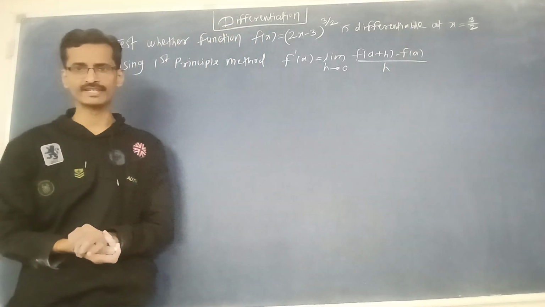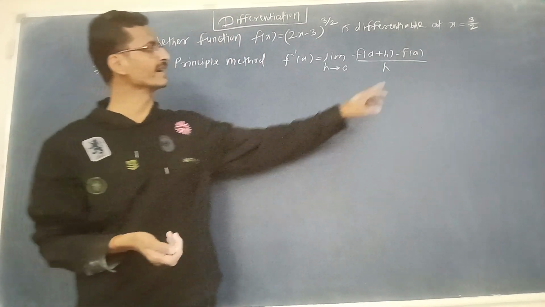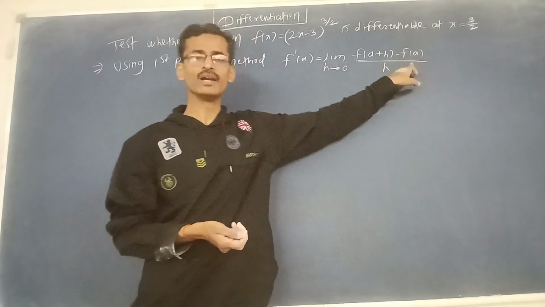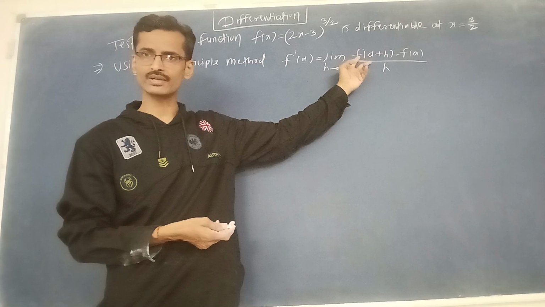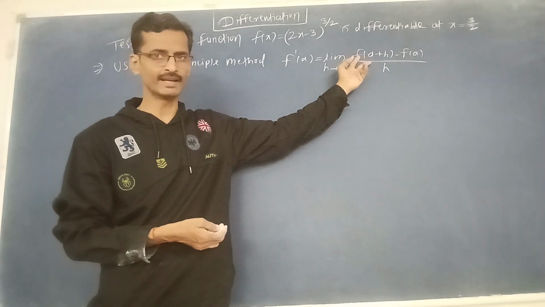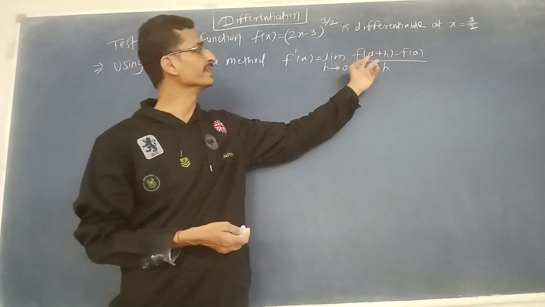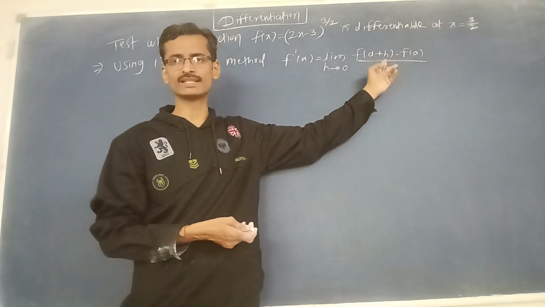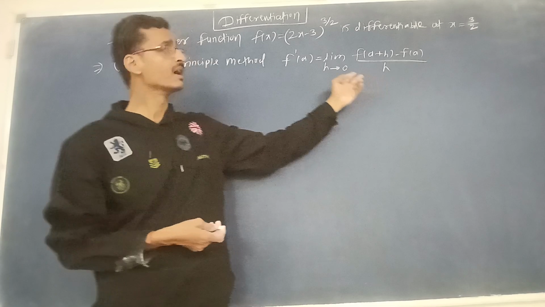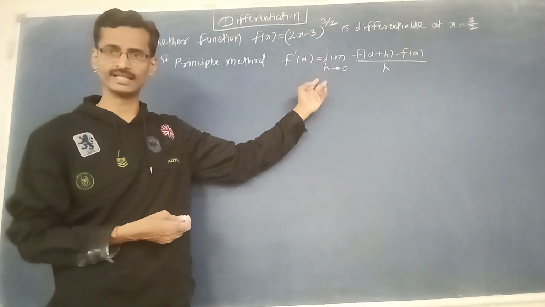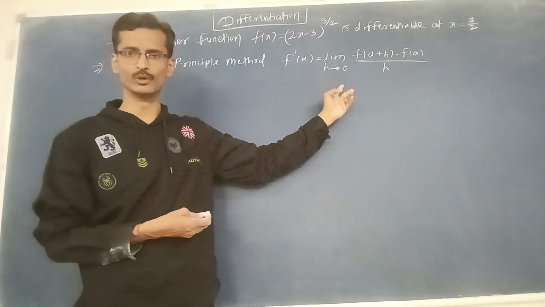So for given function f of x, first find out f of a, one term, then from f of x find out f of a plus h, where h is small increment in x, and then subtract these two, f of a plus h minus f of a, divide by h, and then find limit of this, h tends to 0.